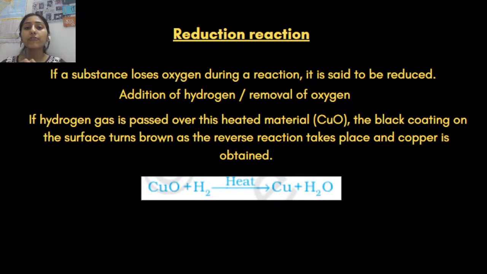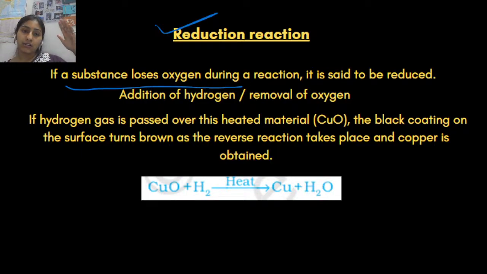Then another type of reaction that we discuss is the reduction reaction. It is just opposite to the oxidation reaction that we previously discussed. In the oxidation reaction, we were gaining oxygen.